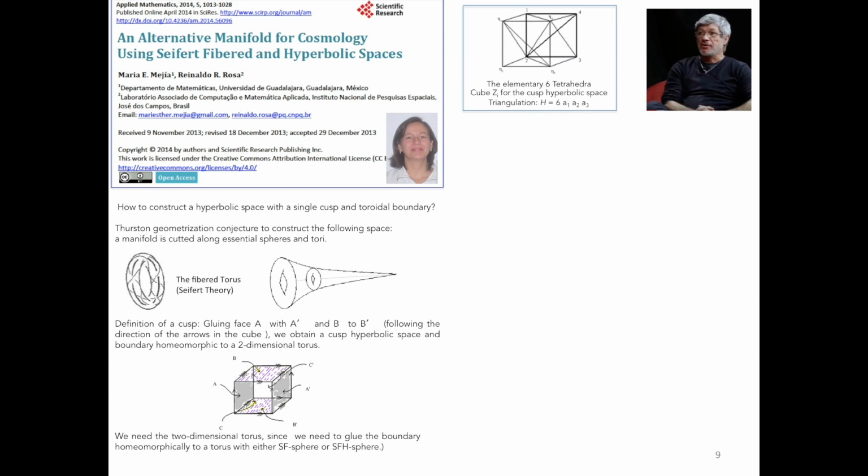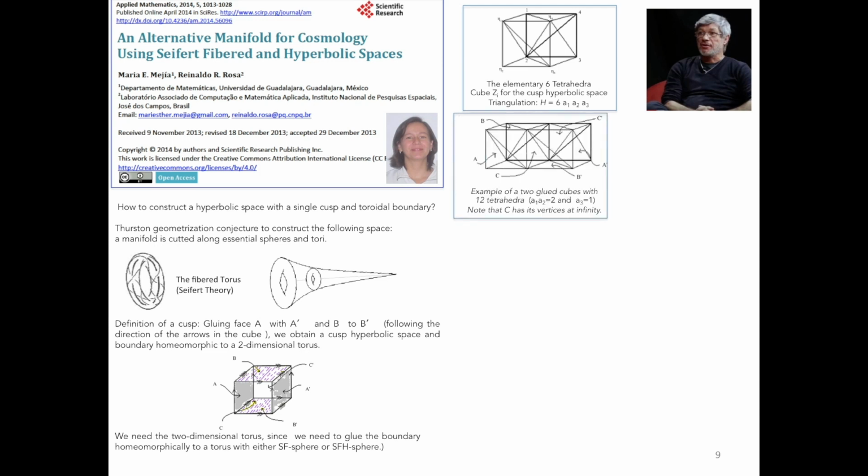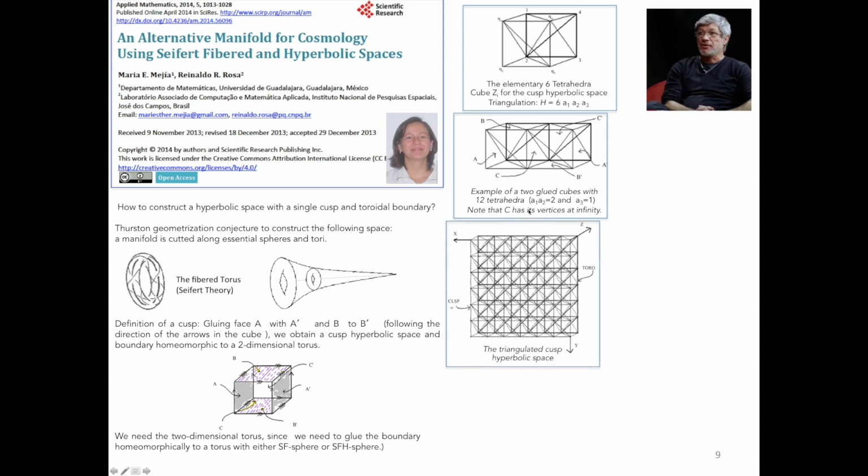This is the elementary cube Z of six tetrahedra for the cusp hyperspace triangulation. And here are the first two glued cubes as the next elementary example. But note that C has its vertices at infinity. And then we have the fiber cusp hyperspace.